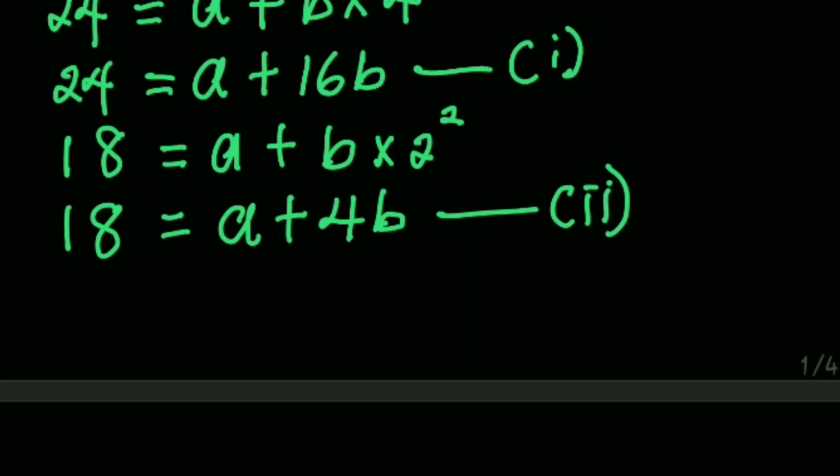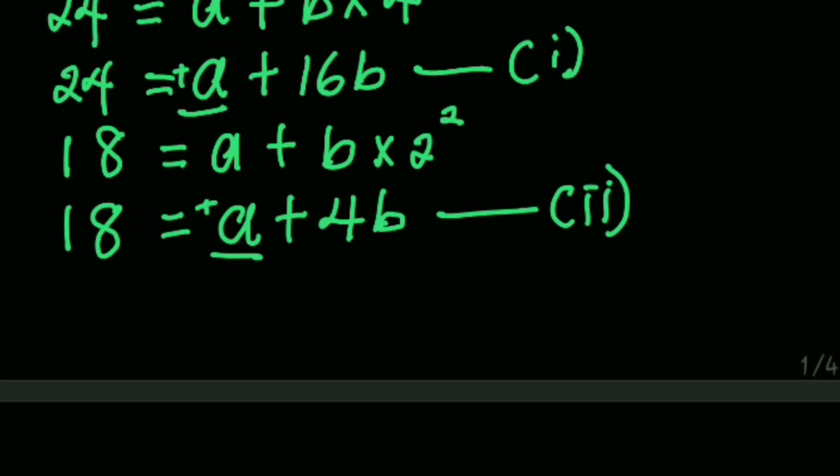And so I'm solving this simultaneous equation using the elimination method. A is convenient for elimination because the coefficient of A is 1. The coefficient of A here is also 1. And the signs are the same. This is plus. This is also plus. Whenever the signs of the variables you want to eliminate are the same, you subtract one equation from the other.